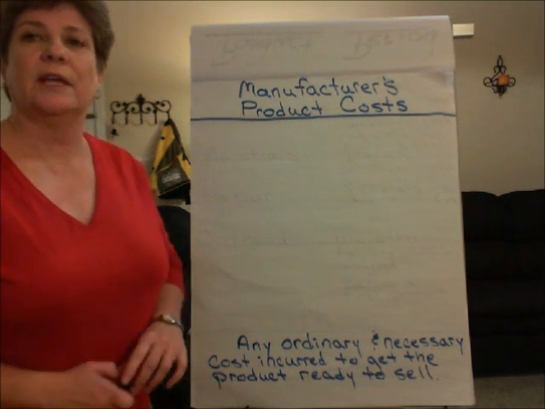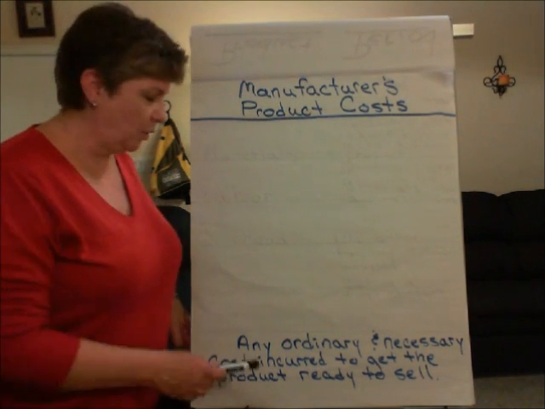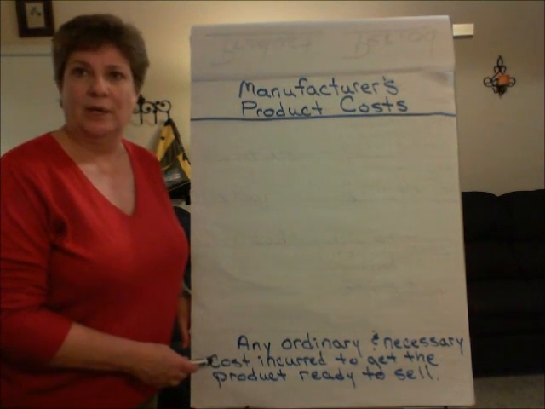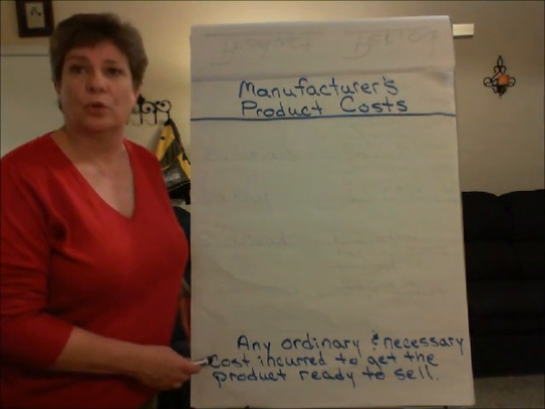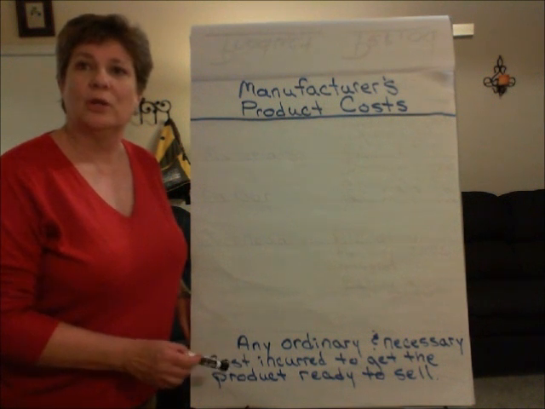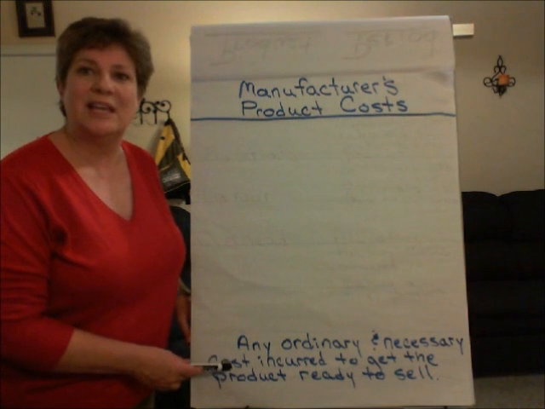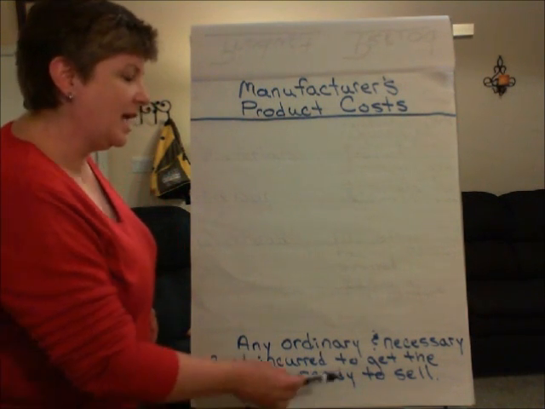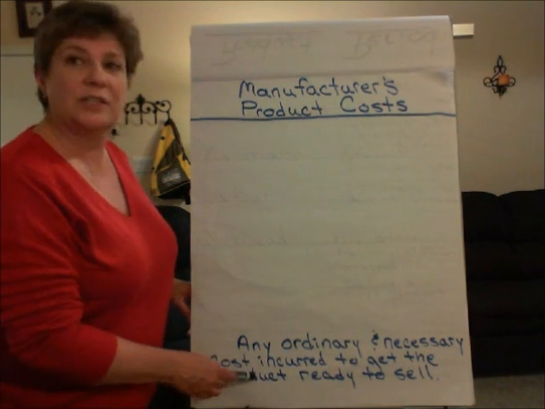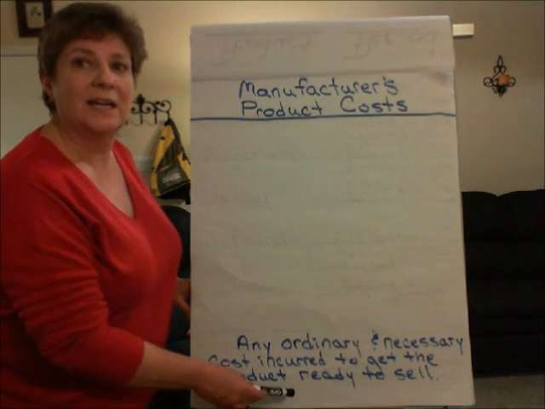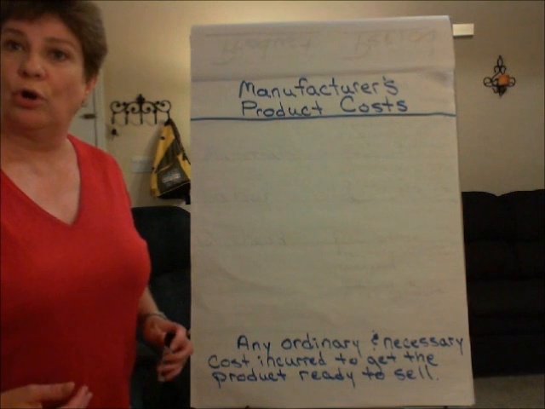Now, first thing, as we start talking about the product cost, I want you to notice the general definition of an inventory cost, particularly the manufacturer's inventory cost, includes any ordinary and necessary cost incurred to get the product ready to sell. So that's our purpose.